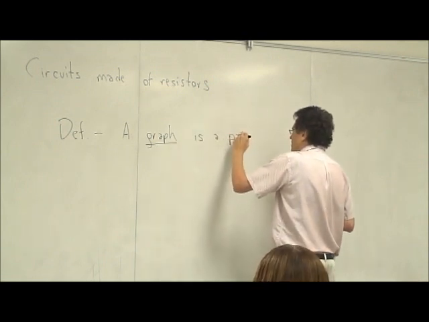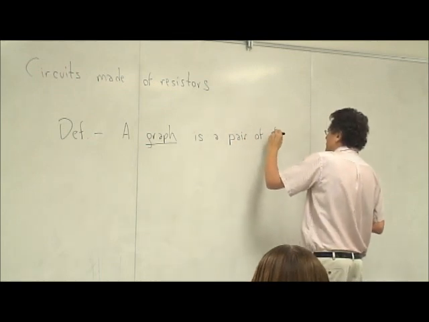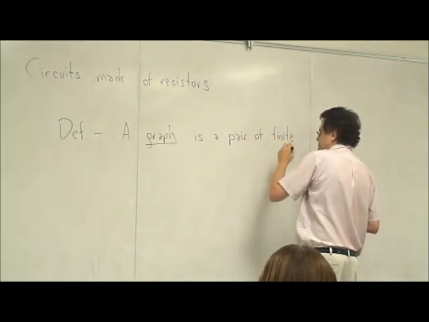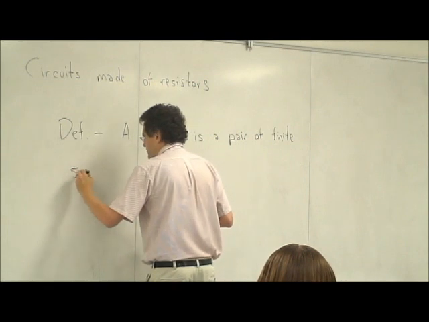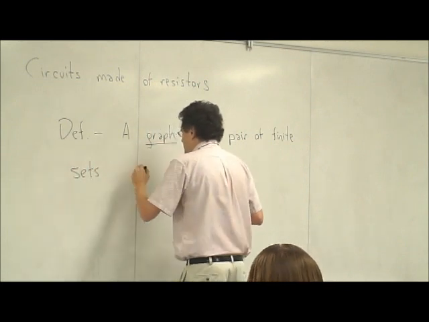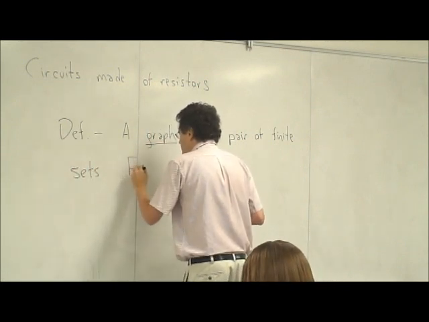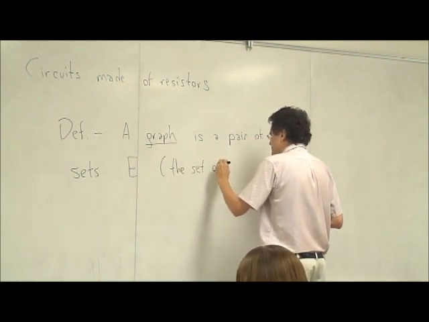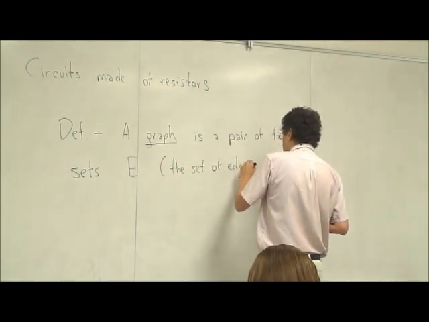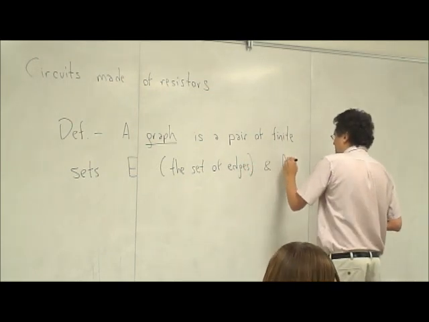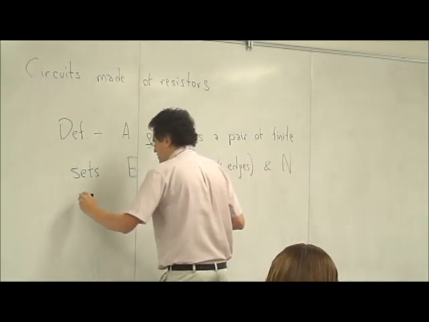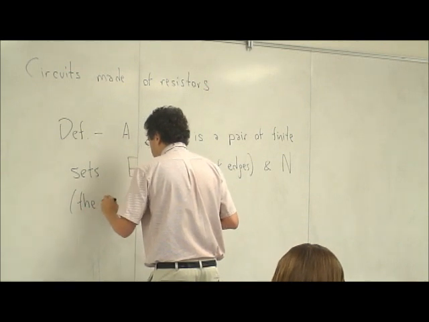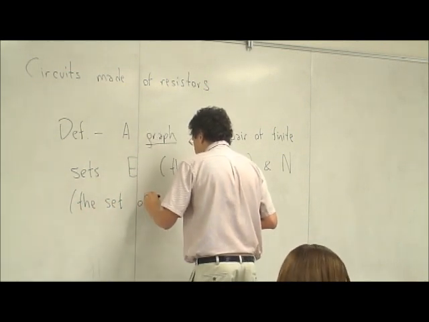So it's a pair of finite sets. I am only interested in finite graphs now. So there'll be a set E, which is the set of edges, and N, a set of nodes.